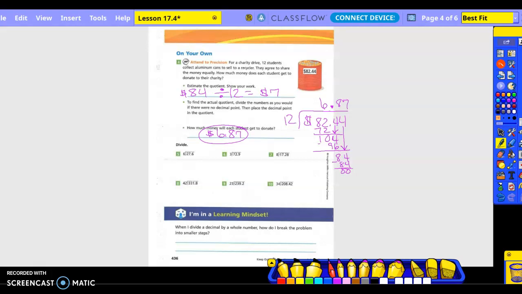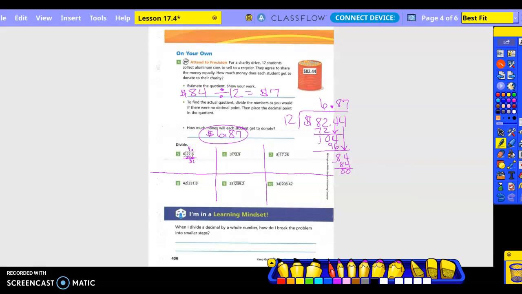Okay, so number 5, I'm going to bring my decimal straight up. Now, what I would like you guys to do is leave a little bit of space here and draw a line over, so that we keep everything together and it doesn't all run together. Okay, how many times is 6 going into 2? 0. 6 into 27? 4 times. 4 times 6 is 24, 3 left over.